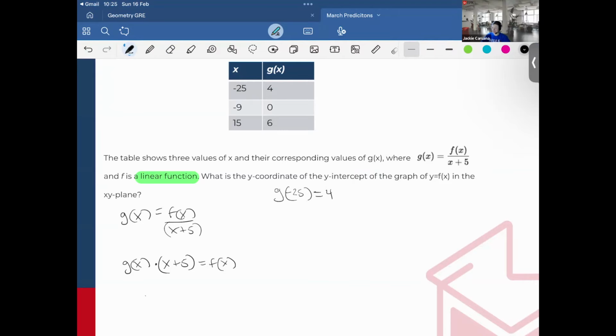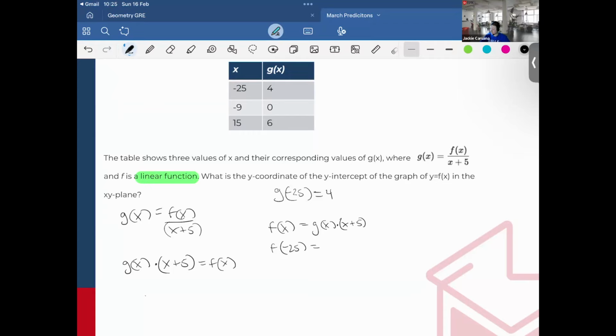Okay, so let's plug that into our amazing function here. So remember we have f of x, which I've just defined here, and I'm going to plug in for g of x times x plus 5. In this case, I'm finding f of negative 25 to see what value that will give me.